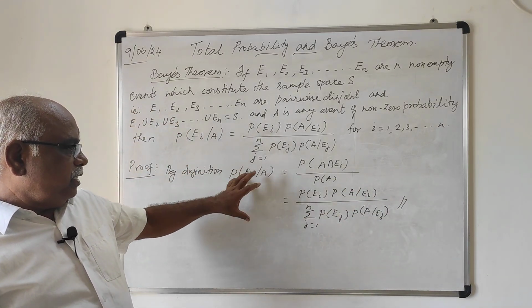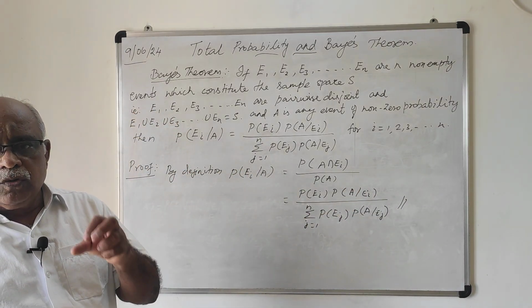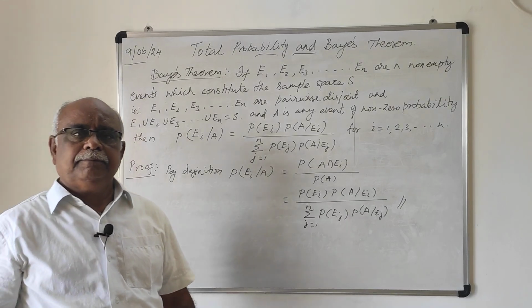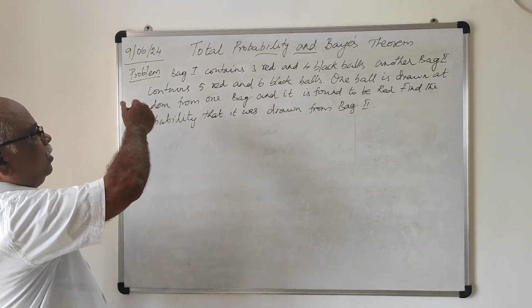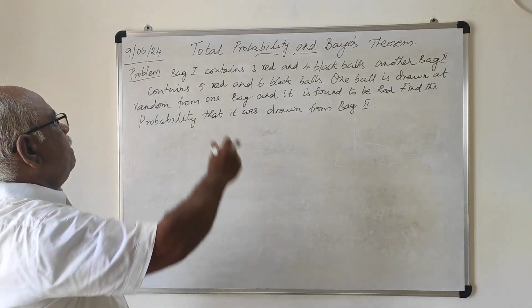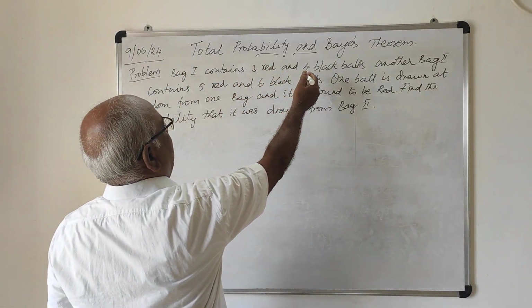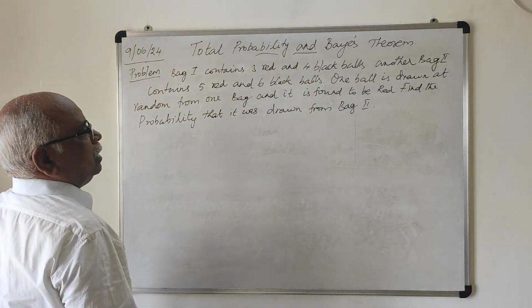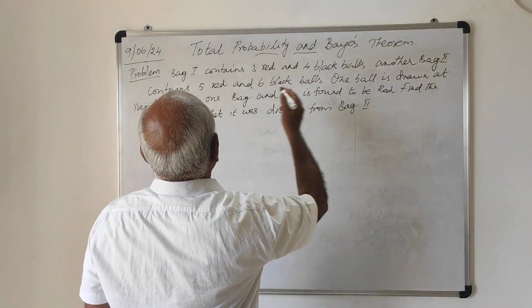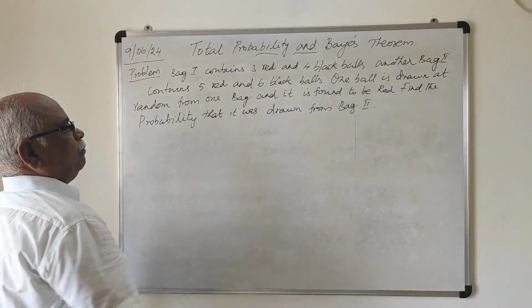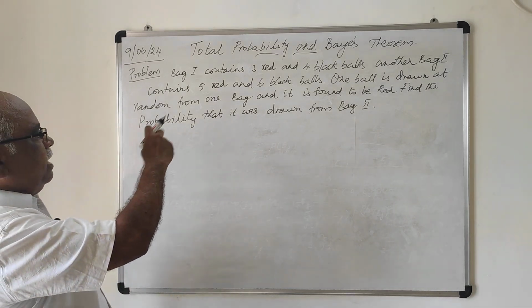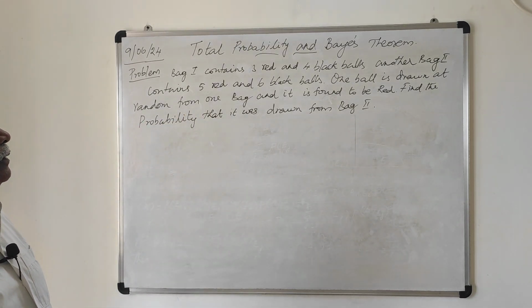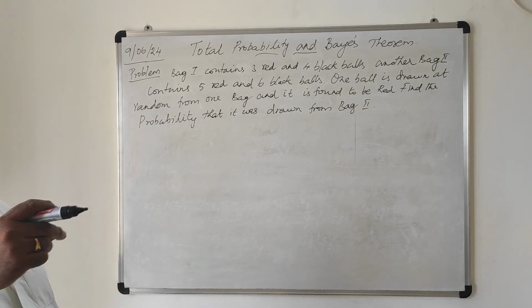Using this Bayes' theorem, I am going to solve one problem now. Okay? Now, see this problem. Bag 1 contains 3 red and 4 black balls, and bag 2 contains 5 red and 6 black balls. One ball is drawn at random from any one of the bags, and it is found to be a red ball.